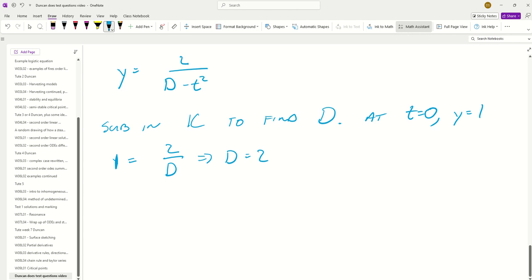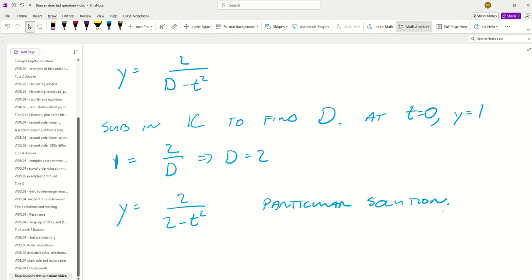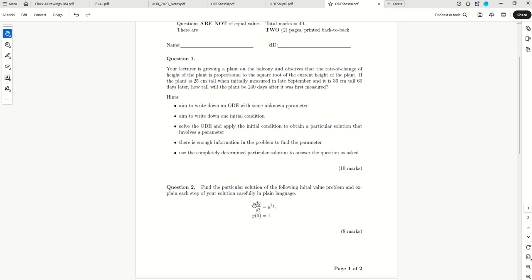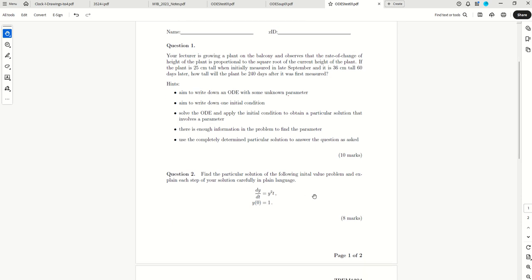So now we can write down our final particular solution like so. Okay, so that's our particular solution in this case. Let's move on to the next one. Let's just check that we've done everything. Yep.